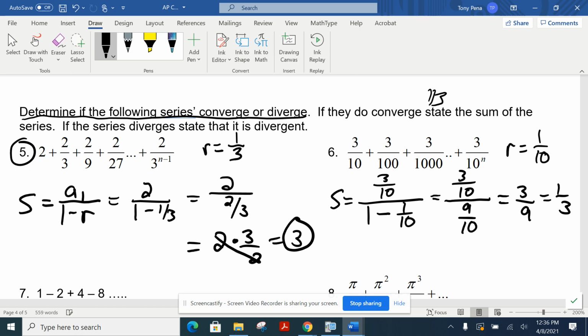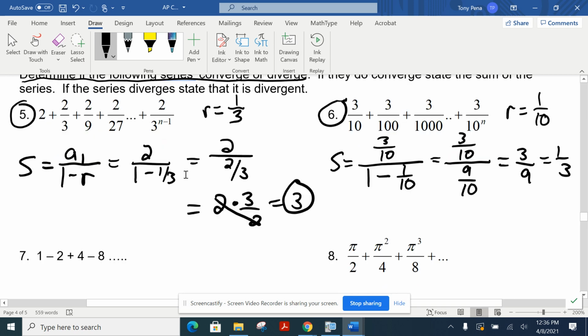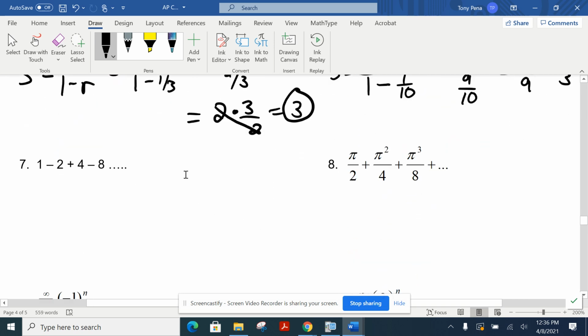So these were the 2 that converged, so those should have worked out nicely. When we get to number 7, this is the one that did not. So here's where this chapter gets really interesting and where people have the hardest time. When something diverges, and even sometimes when they converge as we move along, you need to not just write diverge, we have to write a quick little justification for that. All right? We want to be succinct, we want to be specific.